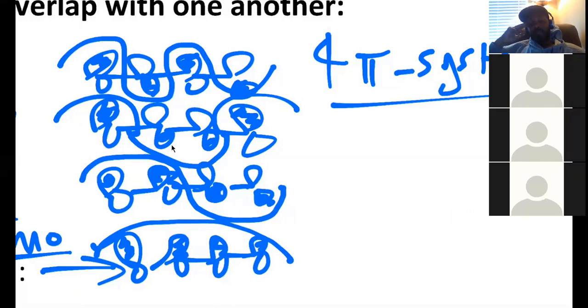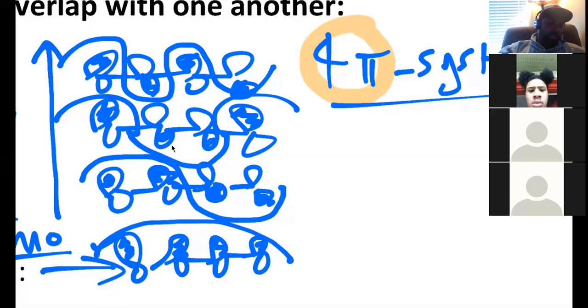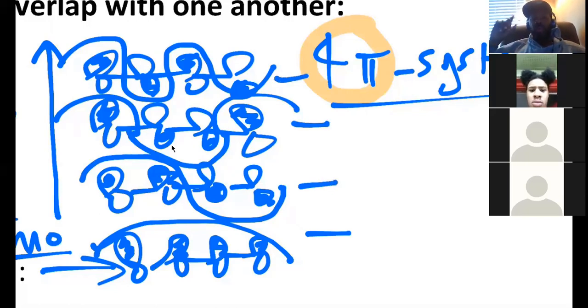It's 4 electrons. That's exactly right. 4 pi electrons. So these orbitals, keep in mind, I said the energy is going up this way. So each orbital can hold, what's the maximum number of electrons any orbital can hold?